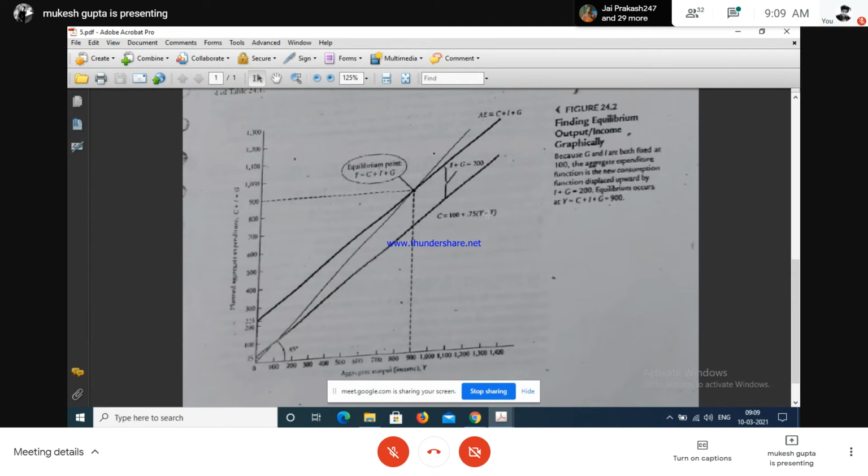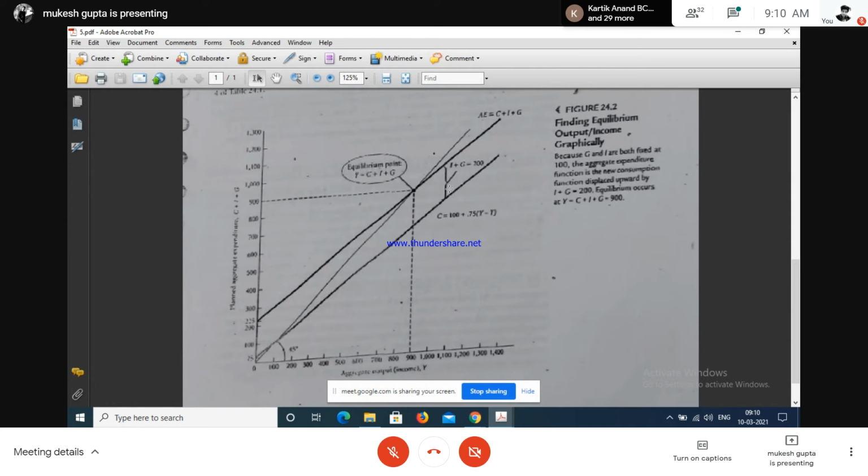When disposable income is 0, the consumption is here somewhere. Then consumption increases with the increase of the level of income, and this is the consumption line. Now we add investment, which was 100, and government expenditure, which was 100, so that I plus G is equal to 200.